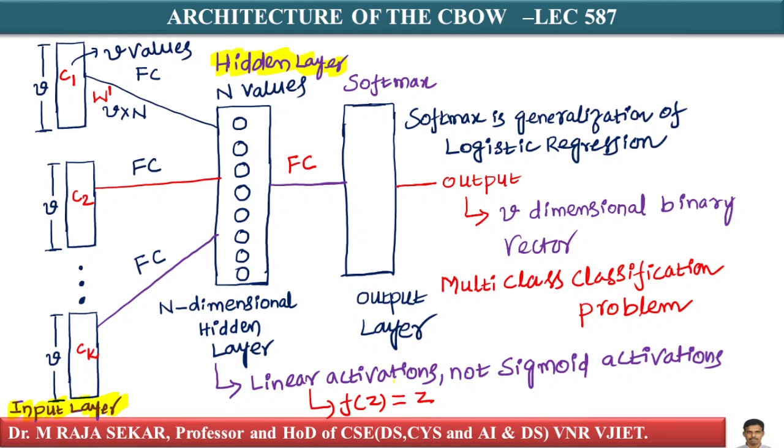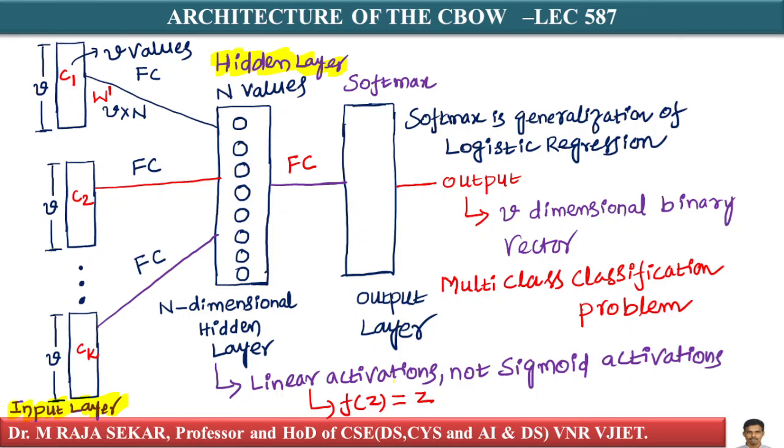Let me repeat: because you are trying to predict one word out of a collection of words, it belongs to any one of these V words.